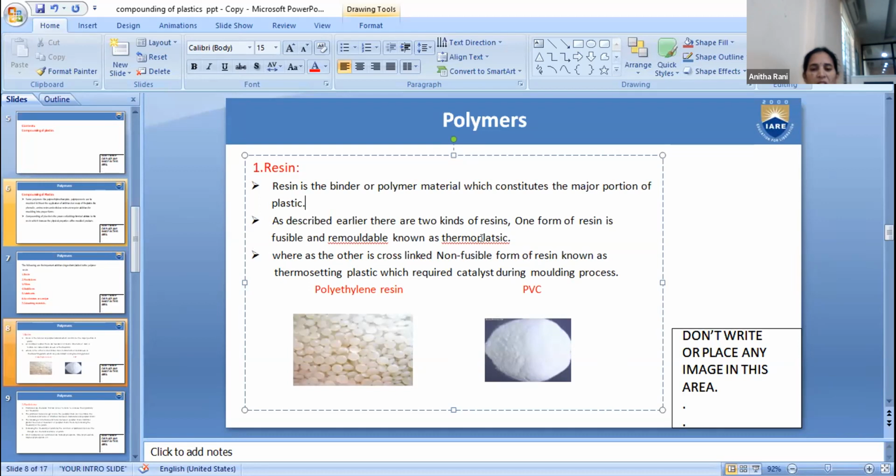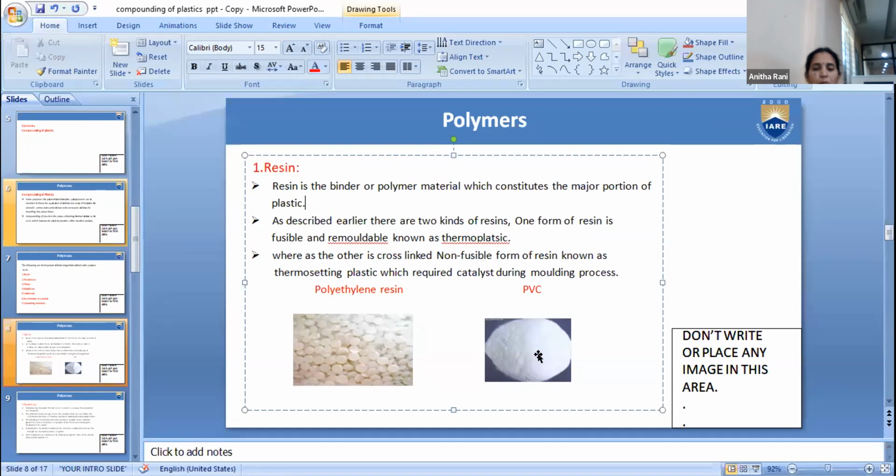The other form, thermosetting resin, is non-fusible, with a cross-linked structure of strong covalent bonds. This requires a catalyst, so we will add catalyst in thermosetting resins during the molding process.